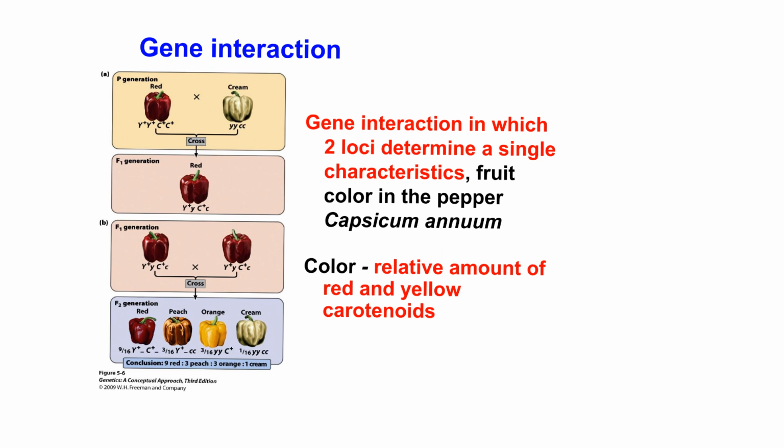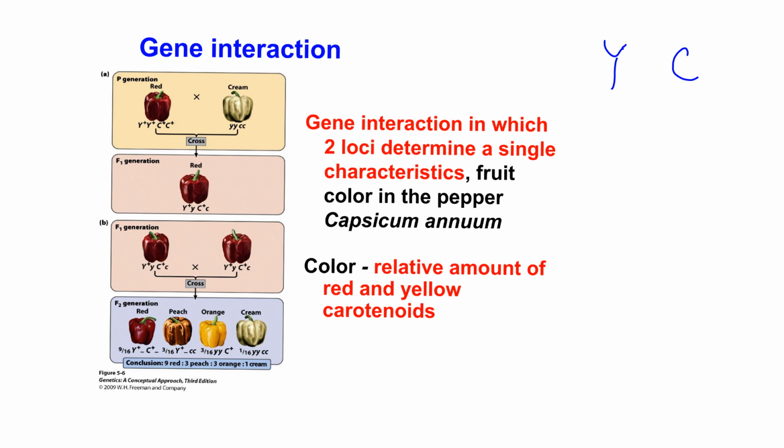So as you can see here, you have two genes, two loci, gene Y, and gene C. Let's say Y encodes an enzyme which works in the first pathway, and gene C encodes an enzyme which acts in the secondary biochemical pathway.